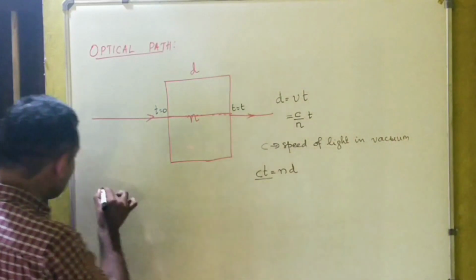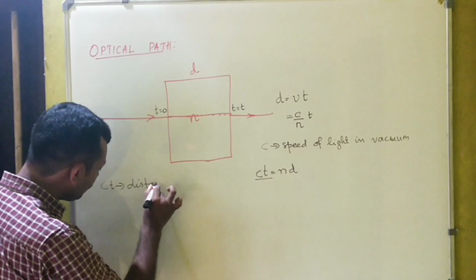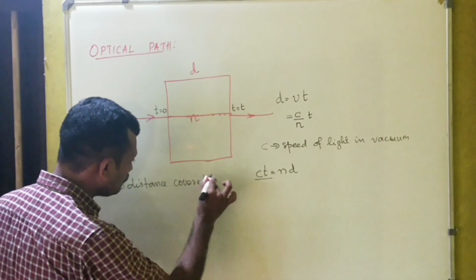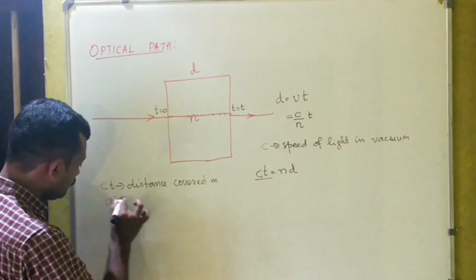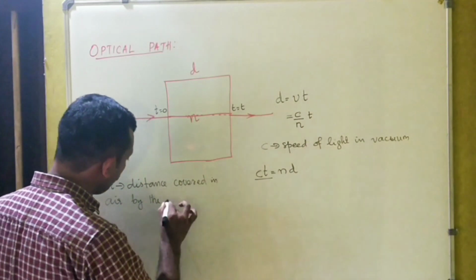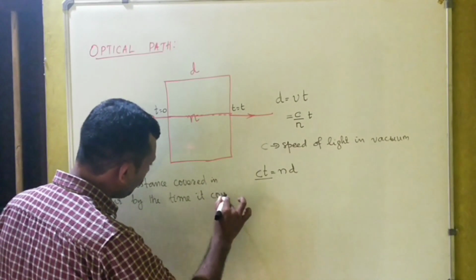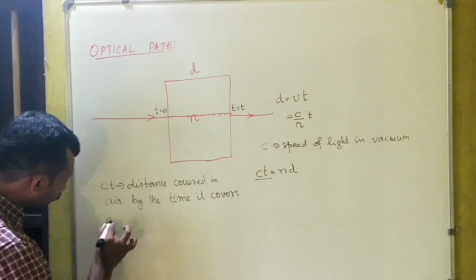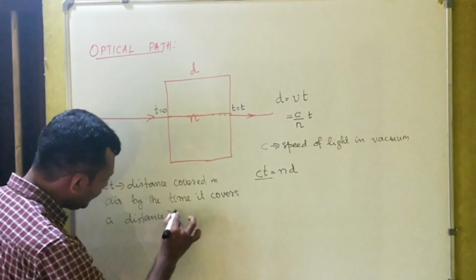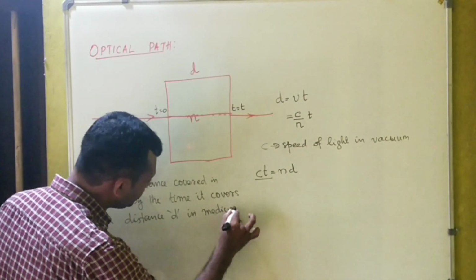So I can say CT is the distance covered in air by the time it covers a distance D in the medium, right?